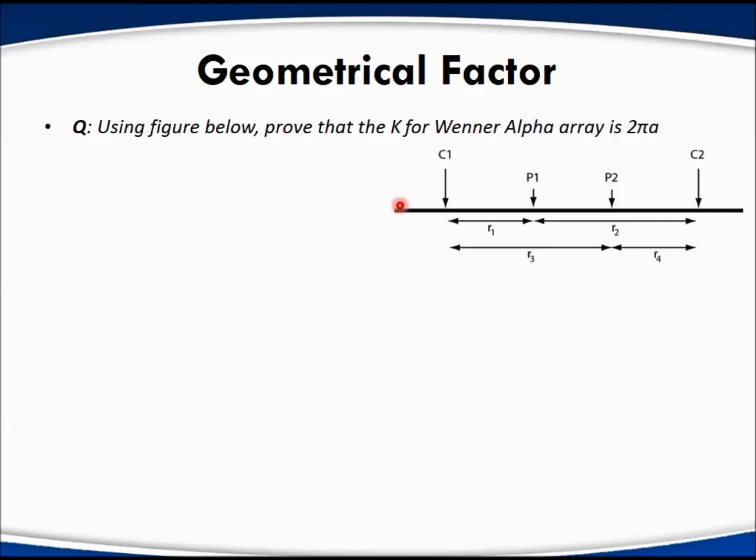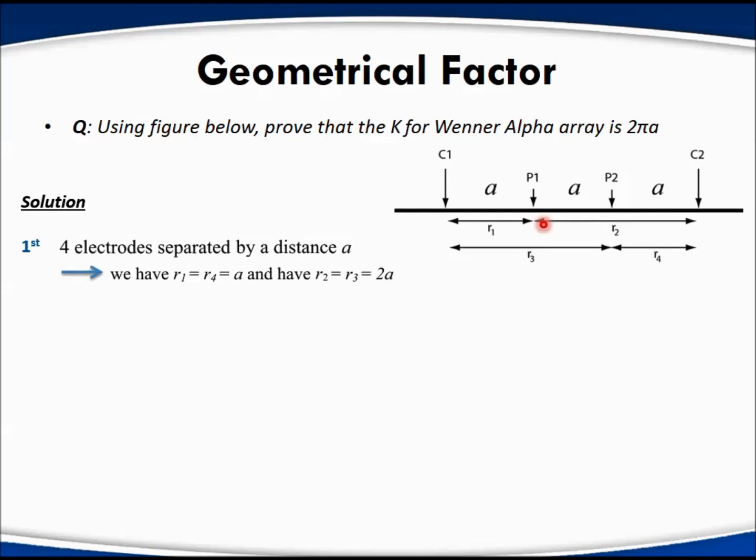So using the figure below, we know that the spacing of Wenner arrays are equal for all electrodes. Hence you will get an identical distance of A for each C1 to P1, P1 to P2, and P2 to C2.